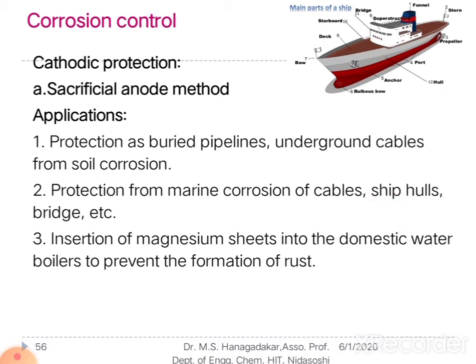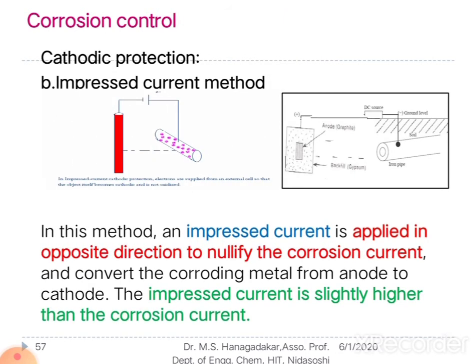Third one is insertion of magnesium sticks into the domestic water boiler to prevent formation of rust. So this is one of the techniques of prevention of corrosion by the sacrificial anodic method.